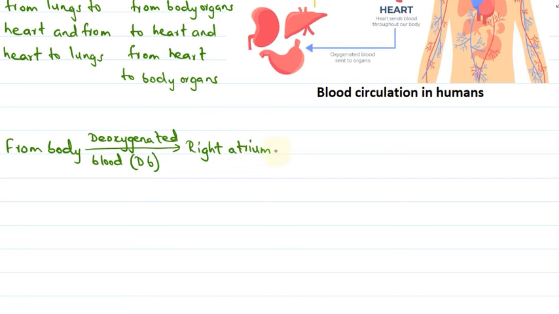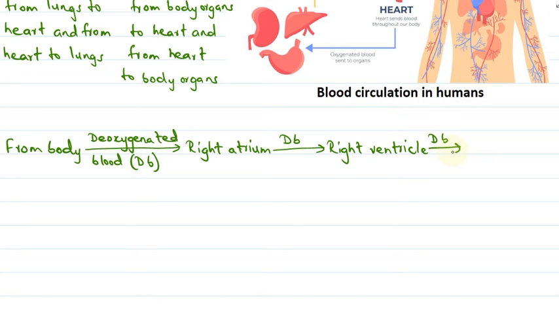Then further from right atrium, this deoxygenated blood flows into the right ventricle, and from right ventricle the deoxygenated blood gets into the lungs.